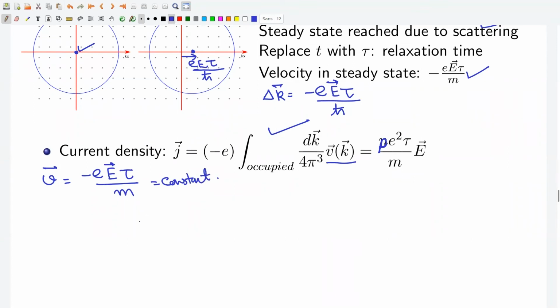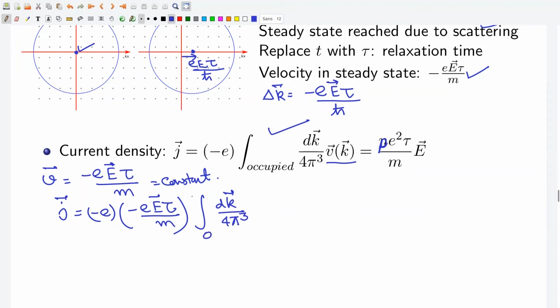Since v is a constant, let us bring v out of the integral and rewrite j as minus e times this integral dk by 4 pi cubed. Note that the integral is over a Fermi circle of radius kf, such that we can put the limit as 0 to kf.